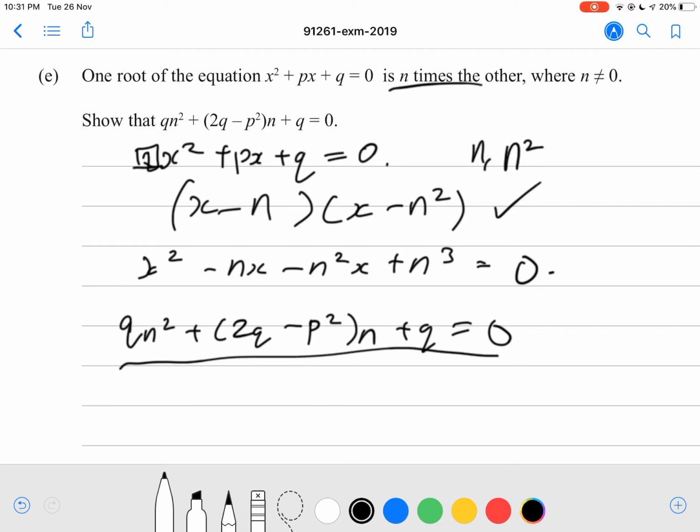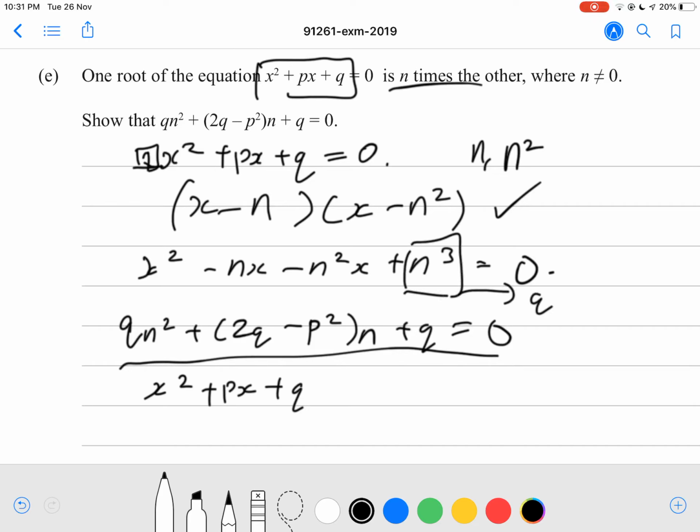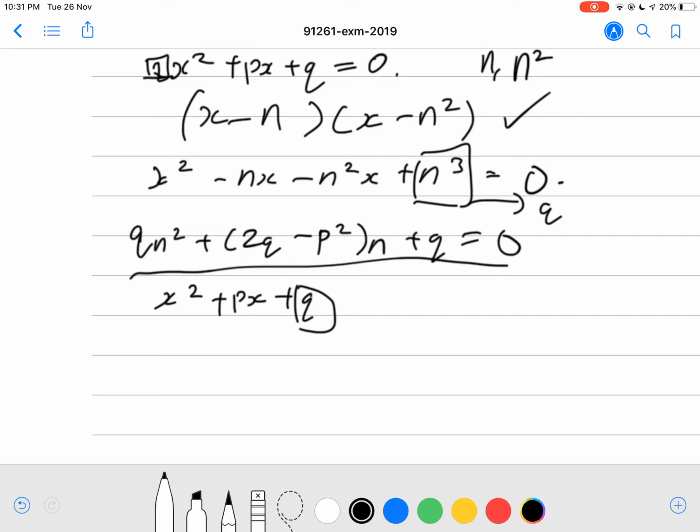Right now this might seem a bit confusing, but if you come back to this equation here, x squared plus px plus q, you can see that this n cubed is without an x, so it's just n cubed by itself, and this is q by itself. So therefore we can identify n cubed as equal to q.